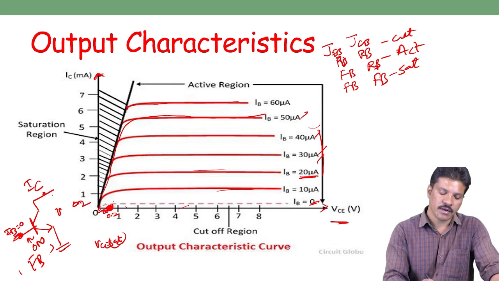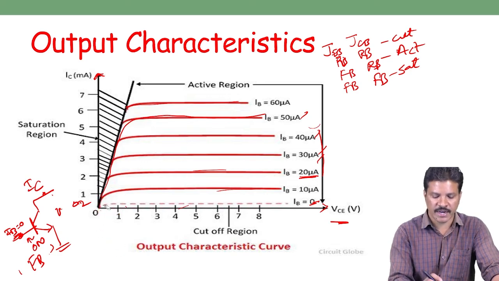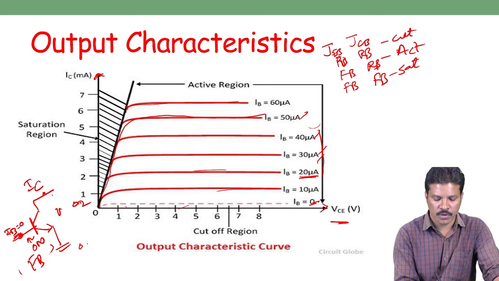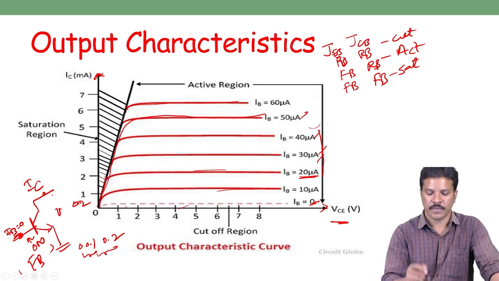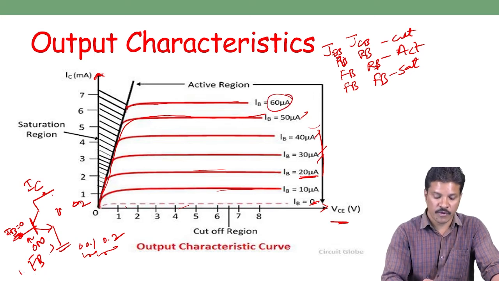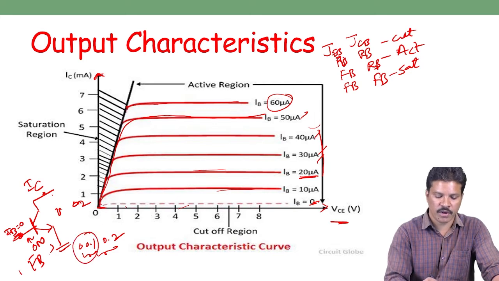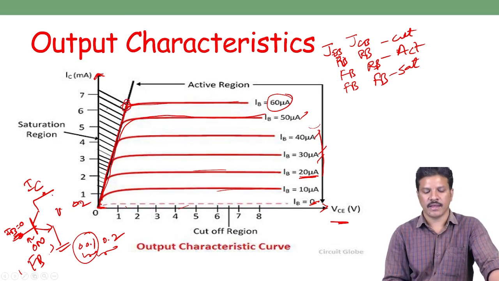In this region, with small steps in VCE SAT, like 0, 0.1, 0.2, a change from 0 to 0.1 or 0.1 to 0.2 gives a sudden increment in the curve. For example, taking 60 microamperes at the input side and varying VCE from 0 to 0.1, that small change gives almost 58 to 59 microamperes of current increment in the collector.